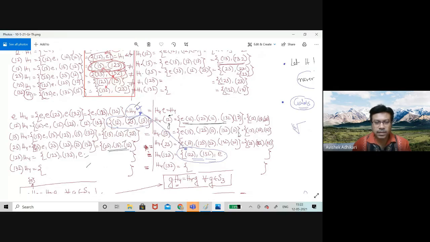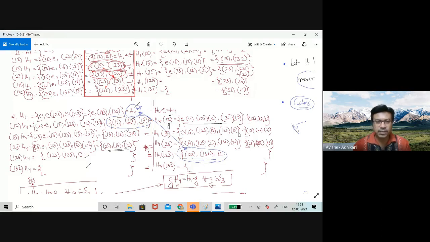What does it mean? That means this element is same as this element, and this element should be same as this element. It is not correct. The correct statement would be this element should be same as some element of this. For example, see, (1 3) and (1 3) is same, the first position is same, but here I had (1 2), but here I have (2 3).